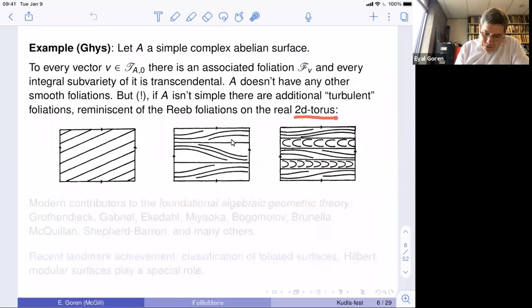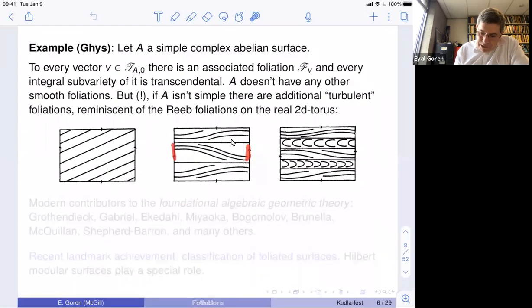Okay, so if I have a real two-dimensional torus, which we draw as a square with identified opposite edges, there are first the linear foliations, the one I discussed here. Given a tangent vector, you can sort of promote it to a foliation of the whole surface. But there are also other things you can do. You can divide this torus into strips, so to say, and define on each strip a different kind of foliation where you glue opposite sides.